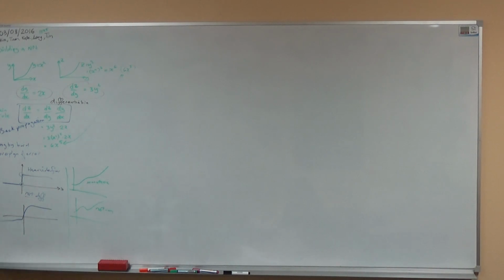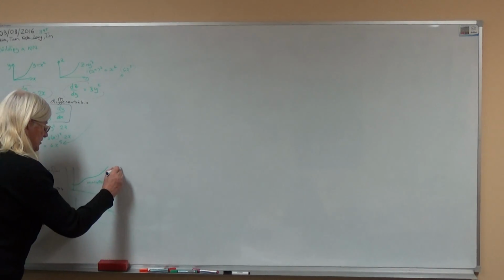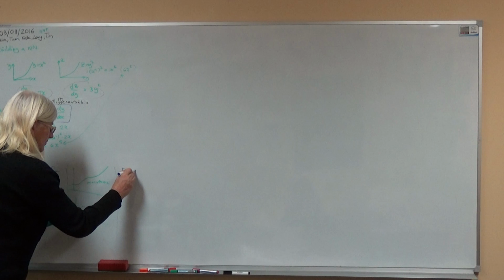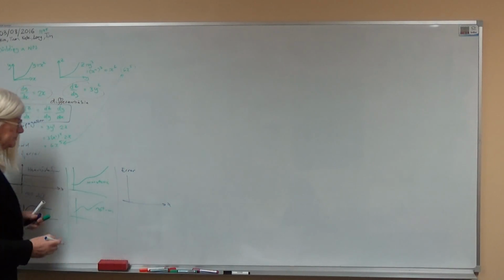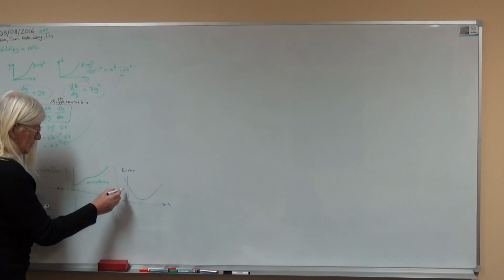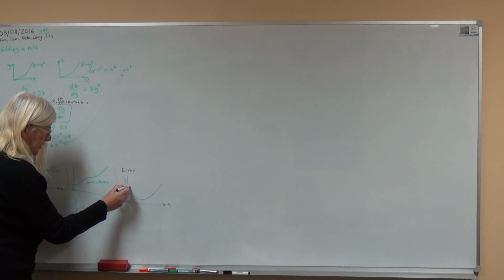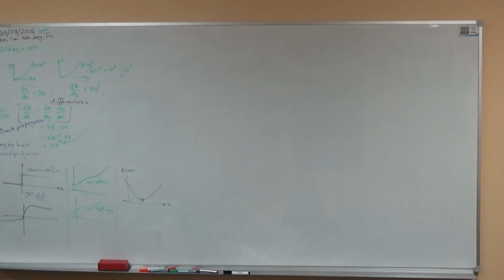Now when we do this the other way, when we have an error function and the value of x, if an error function looks like this, we can just keep on going downhill and eventually get to this minimum.